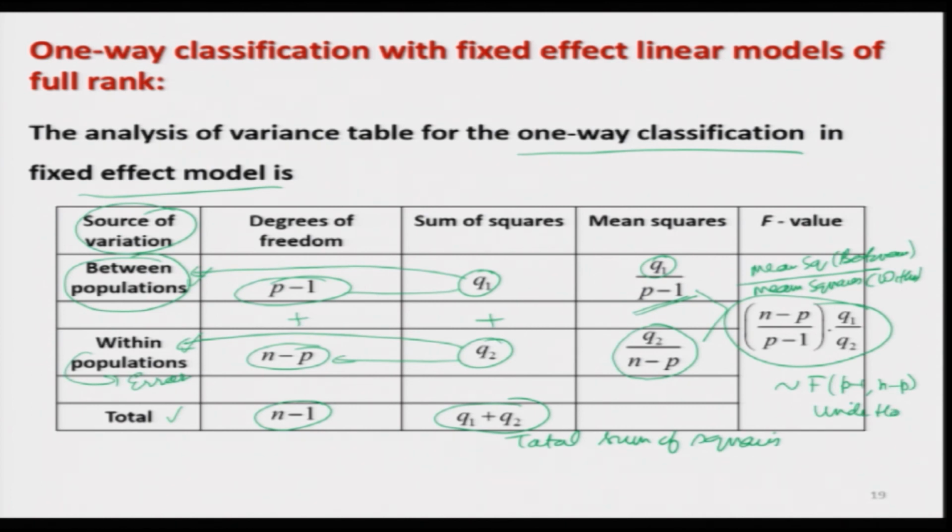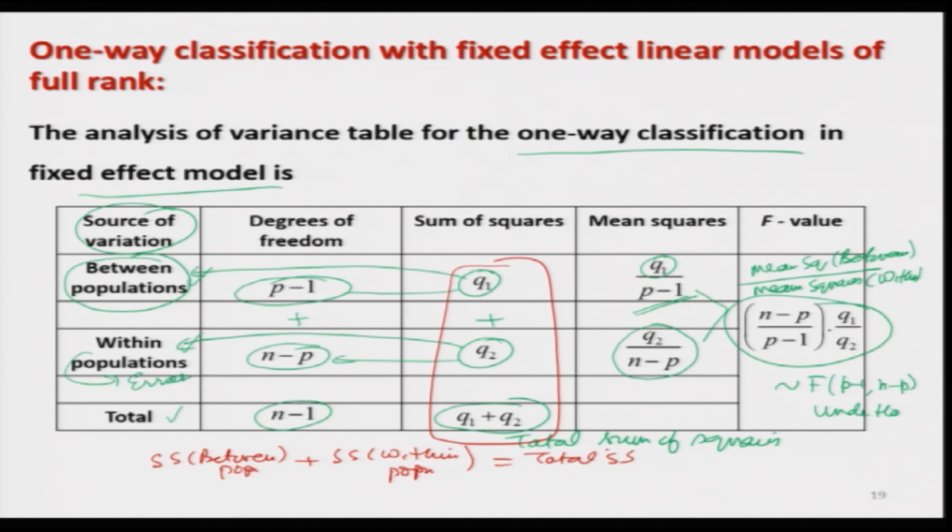Now, one thing you will see here, and I would like to address it very clearly: what are you doing here? You are writing the sum of squares between population plus the sum of squares due to within population is equal to the total sum of squares.